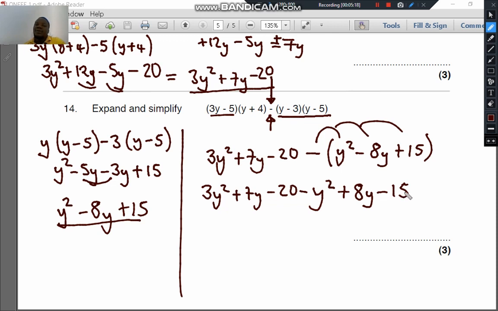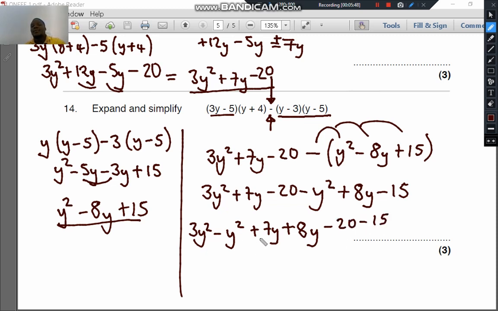So now we need to collect the like terms. You see that this is like terms with that. So it's like you've got 3y squared minus y squared. Okay, then you've got your plus 7y, and then 8y is like terms with 7y, so you're going to say plus 8y, then minus 20 minus 15.